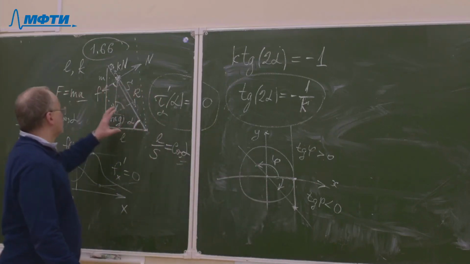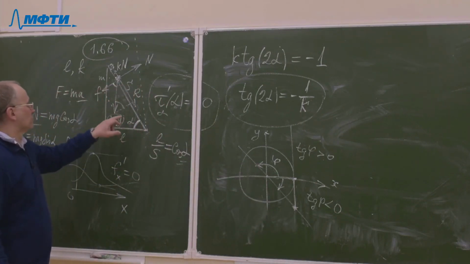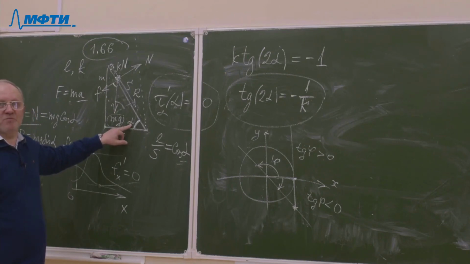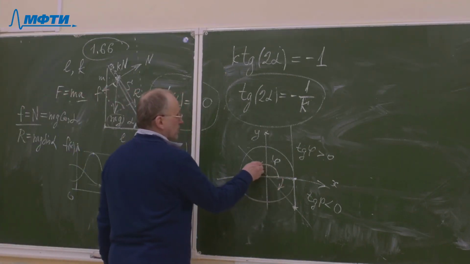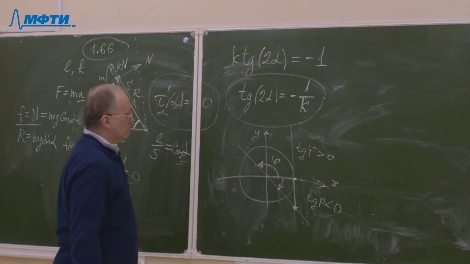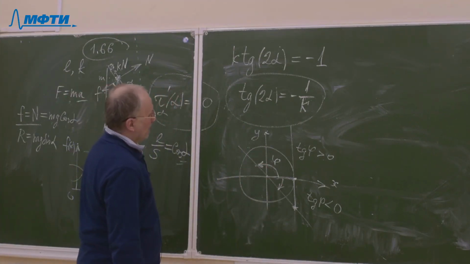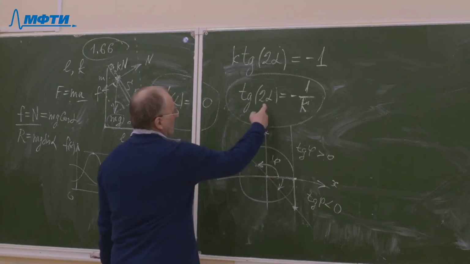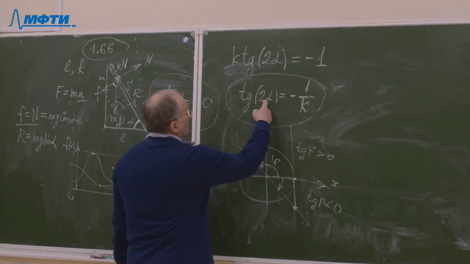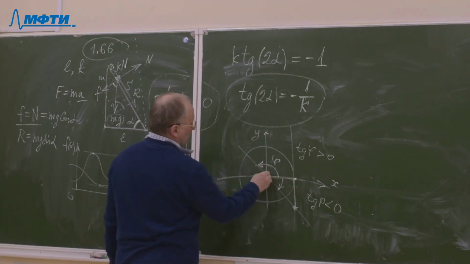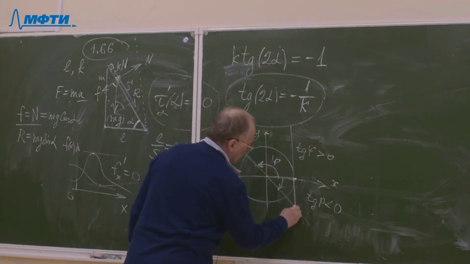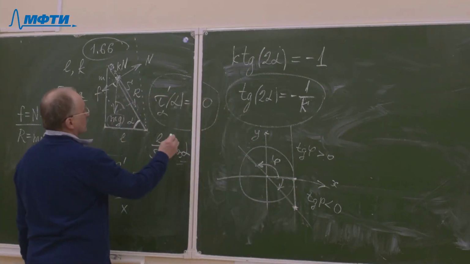Certainly, if we have in this physical situation positive angle alpha, from the very beginning we knew that it must be positive, then we must use this solution of our equation, this solution. And in this case, alpha will be half of this angle.